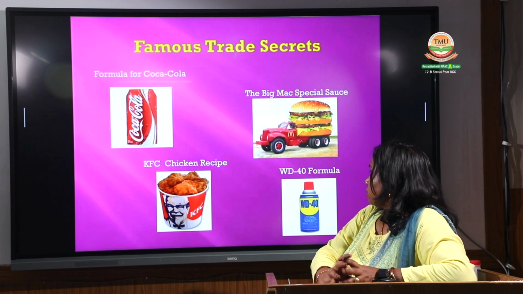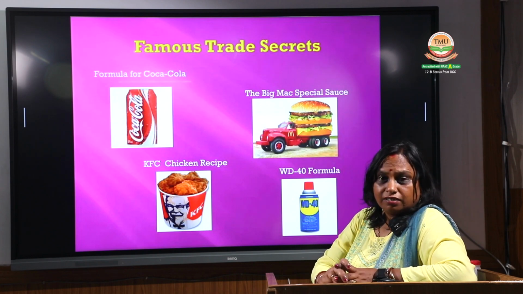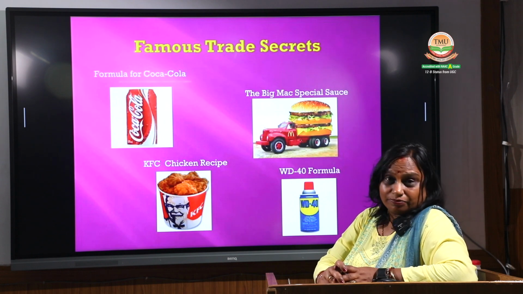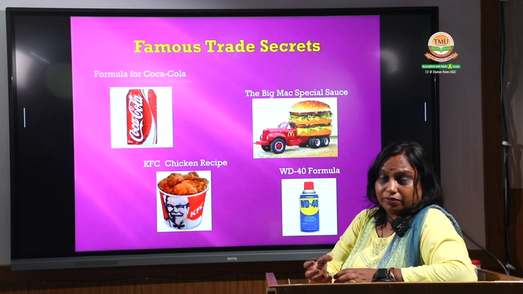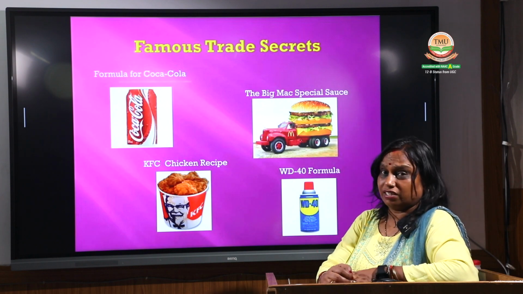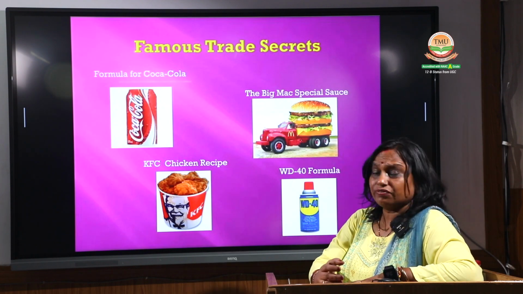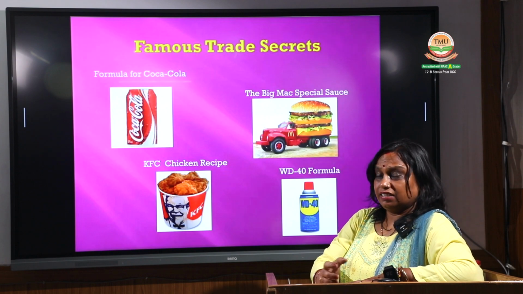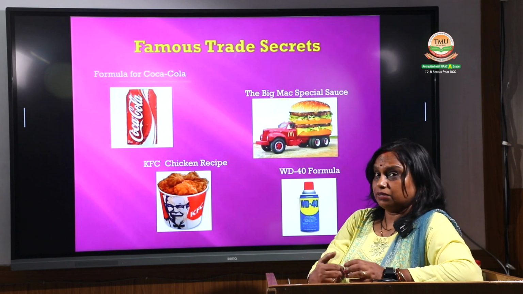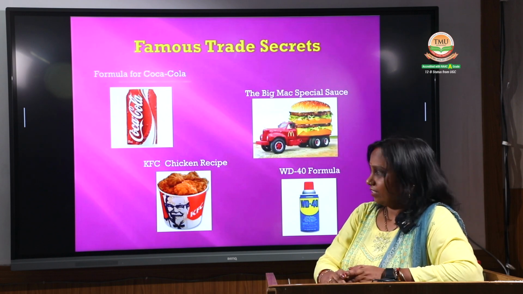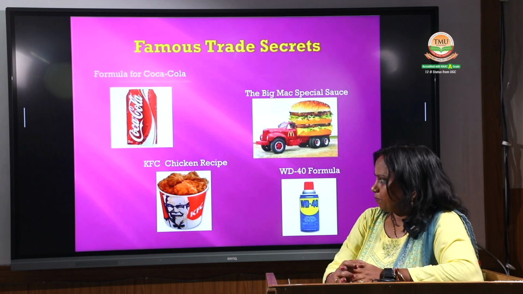Then Big Mac special sauce. McDonald's, you know very well, is a very famous brand for burgers. The ingredients which they are using in this burger, the sauce which they are using, that is very special, and that is manufactured with some special formula, with some special process. So that is a secret. In KFC, kitchen recipe.